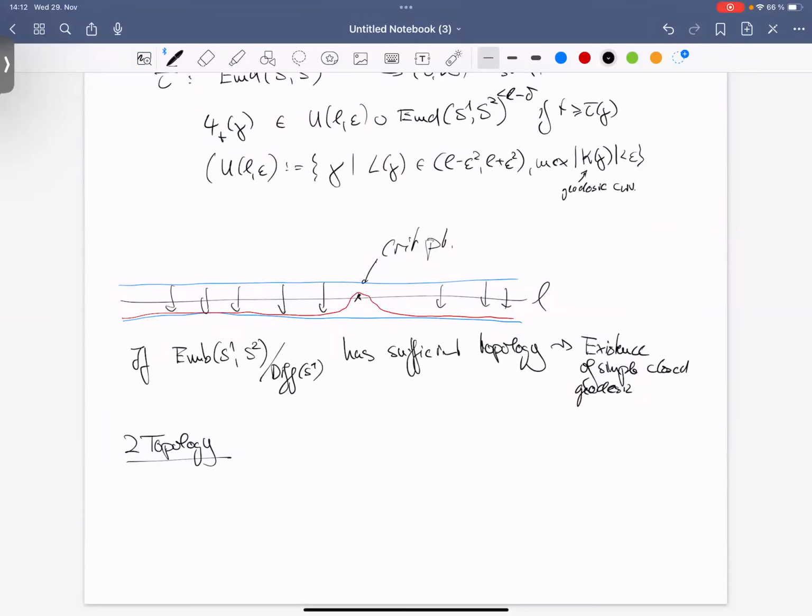Start with a drawing. So we take the round two-sphere, and there we have all the great circles and all the circles which are parallel to them, which are of course not great circles, but smaller circles.